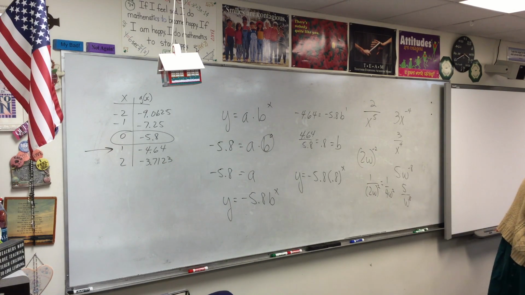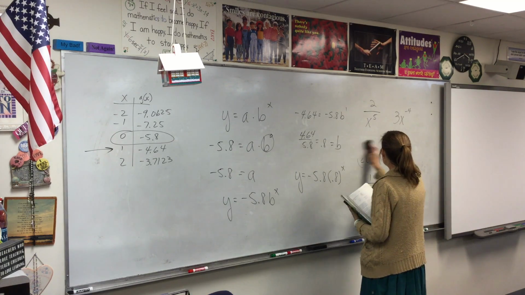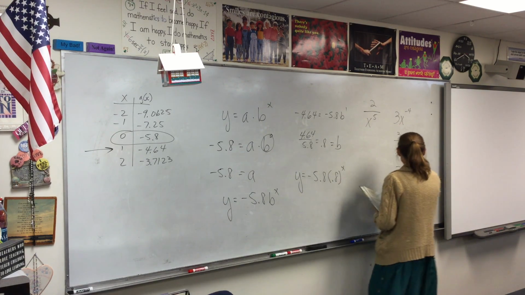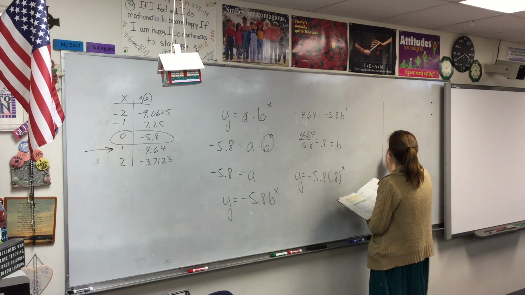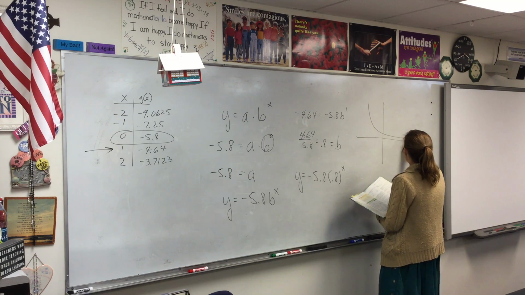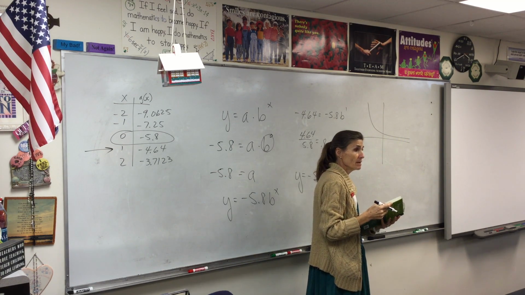In the book, same page, now we're doing number 22. Do you have a book? Look at problem 22. What did they do this time? They didn't give you a table, they gave you a picture.